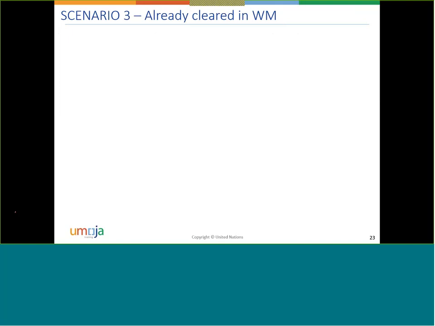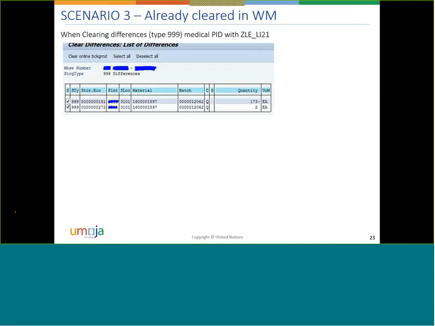One of the LPs that used to come to trainings with us had a transaction in the mission that says, listen, I've cleared the warehouse management portion, but I can't clear the inventory management portion because I get an error from the system. And this is the scenario that I decided to add here with a possible solution. I also took out the warehouse number, so we can't really guess where this is coming from.